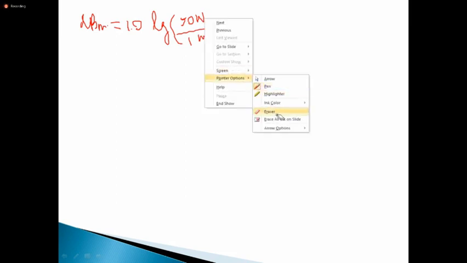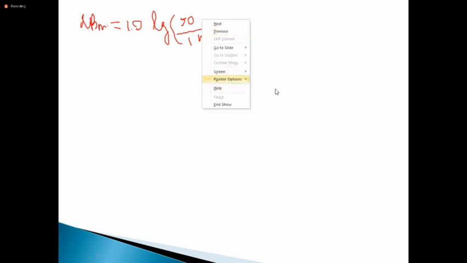So in dBm means 10 log the power value, that is 50 watts, divided by 1 milliwatt, right? It's better if you convert this 50 watts into milliwatts, because the units in the denominator and the numerator should both be the same.